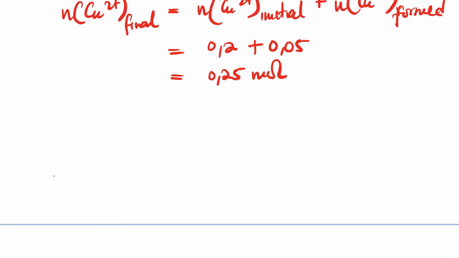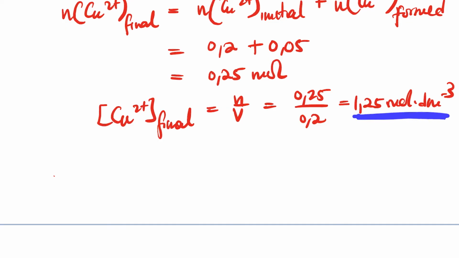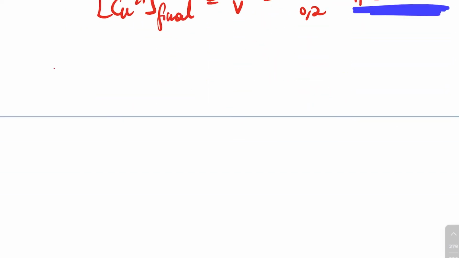So the concentration of Cu2+ final is n over V, which is 0.25 divided by the volume, 0.2. That gives us 1.25 mole per dm3, right? So when the cell is disconnected, the concentration in the anode electrolyte is going to be that.